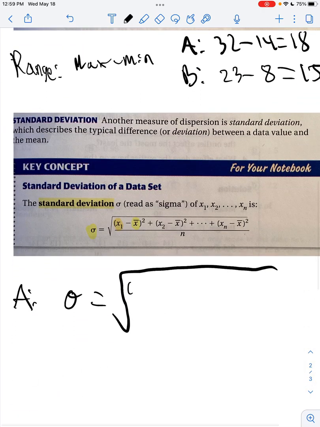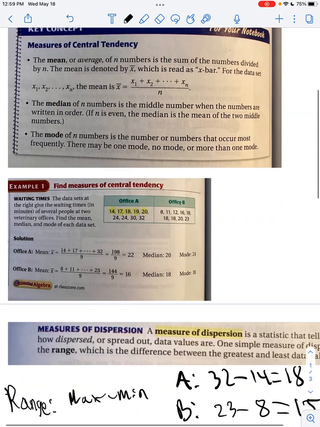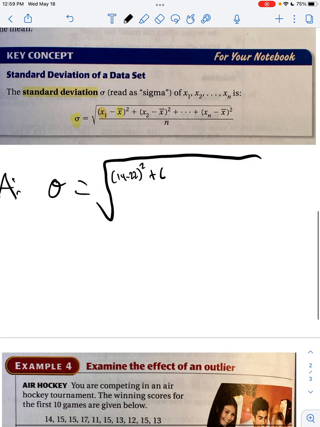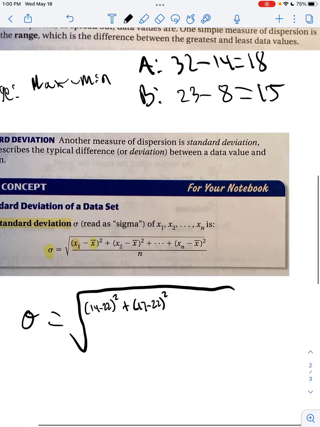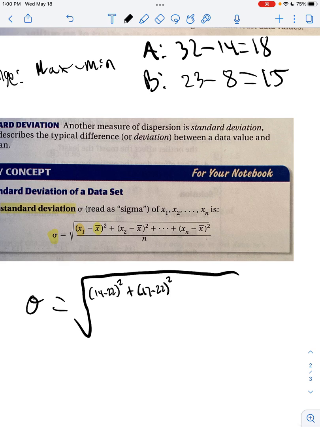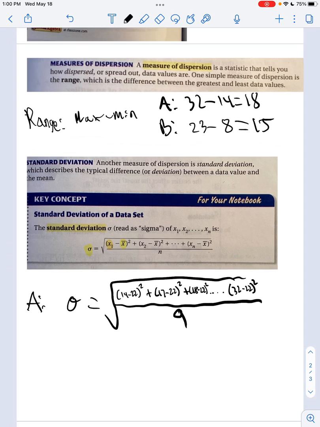So I would take 14 minus 22 squared, plus my next data piece, 17 minus 22 squared, plus 18 minus 22 squared. And again, you have to do it for all of them. And then my final one would be 32 minus 22, squared. And then we are going to divide by n, which was 9 in this case.